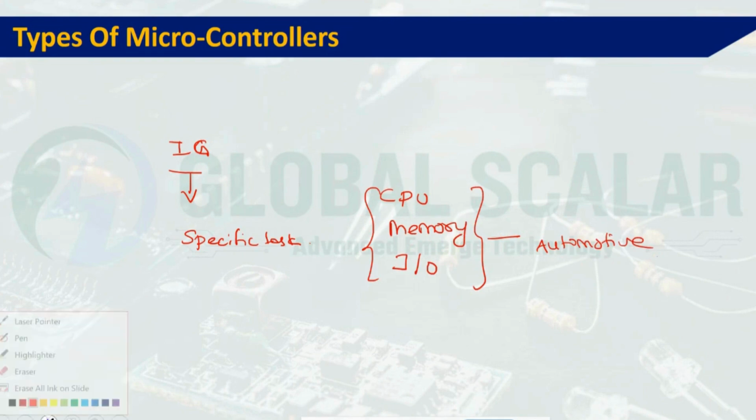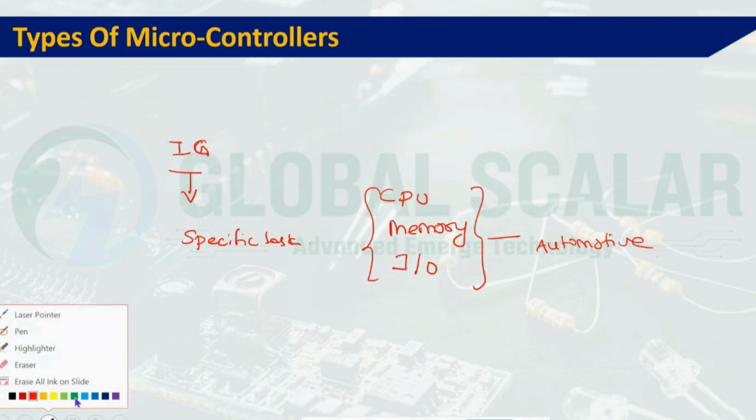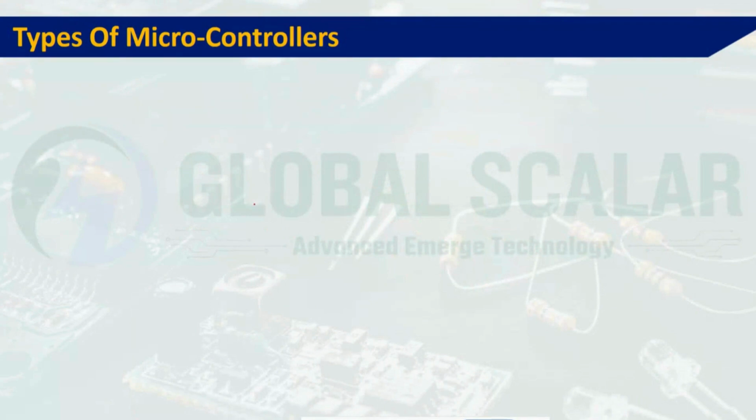Generally, the future of microcontrollers is that they should be integrated with components like CPU, ROM, and flash memory, and the ADC and DAC. These are the converters to convert the data from analog to digital or digital to analog. It will be part of one port, and we need a low power supply.